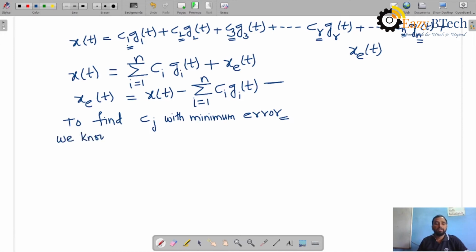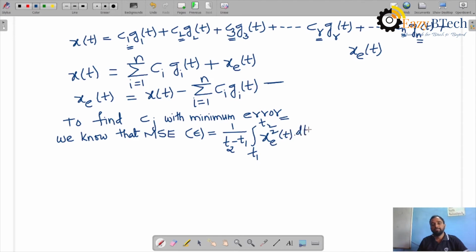We know that mean square error. What is the mean square error? MSE in short form. It is indicated as epsilon. So epsilon is equal to 1 by T2 minus T1, integral T1 to T2 xe square of t dt.